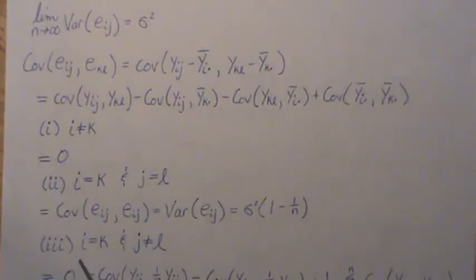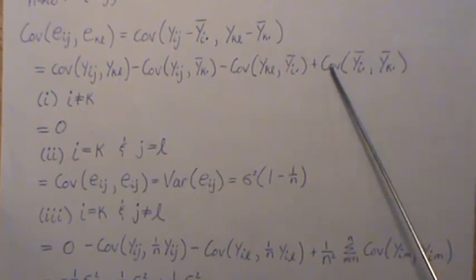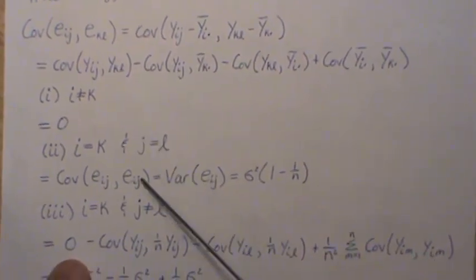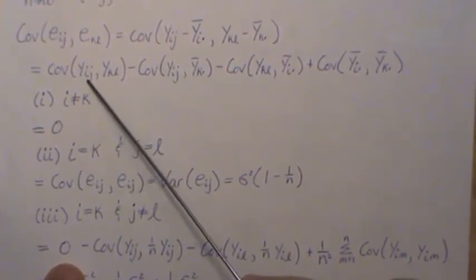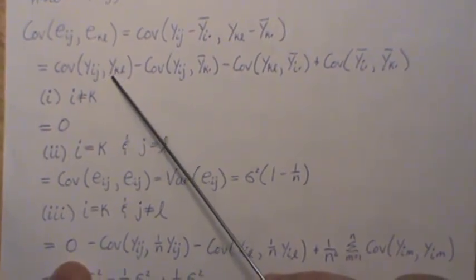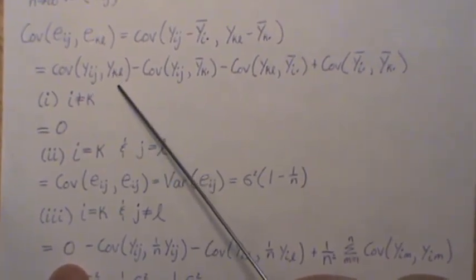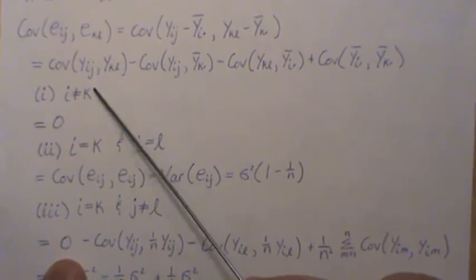The next case is when I is equal to K and J is not equal to L. So we're in this setting. I and K are equal, but J and L are not. So it's different observations. So that's 0.